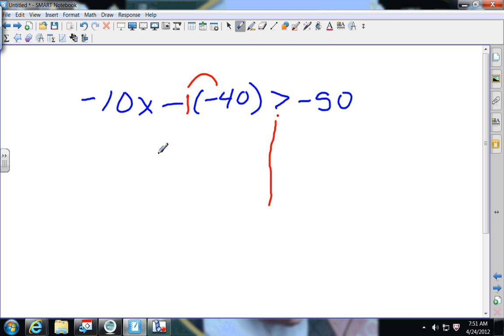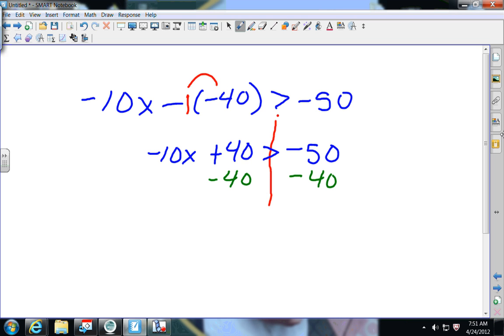So this becomes negative 10x plus 40 is greater than negative 50. Okay? Now this is solving it like a regular equation. Subtract 40 from each side. You get negative 10x, because these cancel, greater than negative 90.